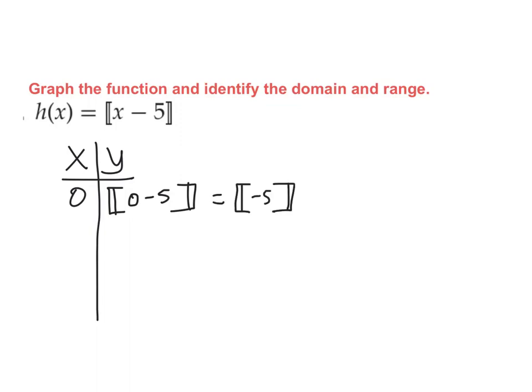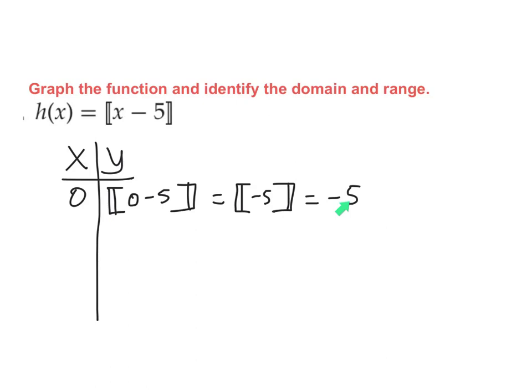And then what is the value of the greatest integer function of negative 5? It can be less than that or equal to it when it's an integer. So since it's already an integer, it just stays an integer. So I have a point, (0, -5). Now, what we're going to find out is that there's a lot of different values that you can put in for x that will still give me a final output of negative 5.